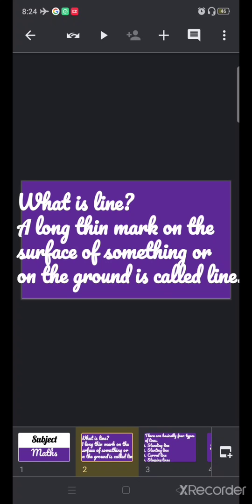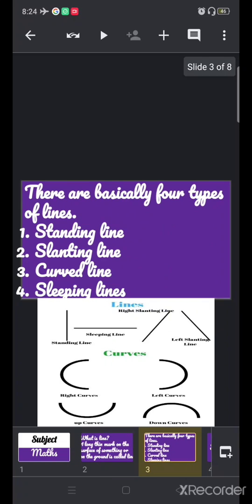Isn't it? Okay. Now today I will tell you how many types of lines there are. There are basically 4 types of lines.